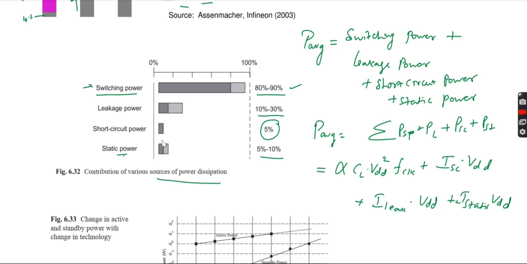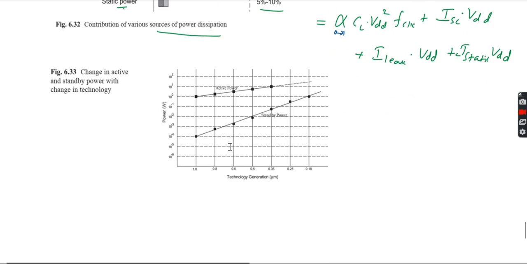So you need to calculate each individually. Here, alpha is nothing but the switching activity factor. Now from this, if I talk about the degrees of freedom, meaning which is the major factor contributing to the power, hierarchy wise, the first one will be the supply voltage.